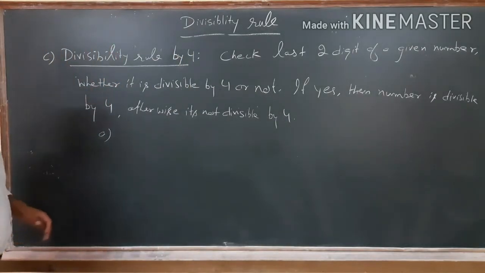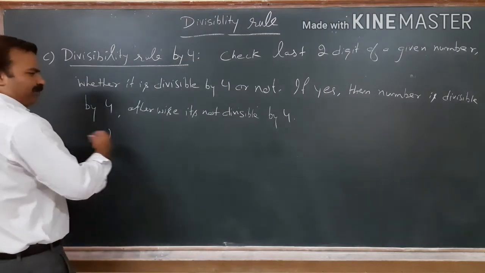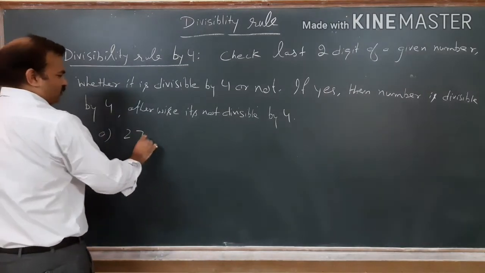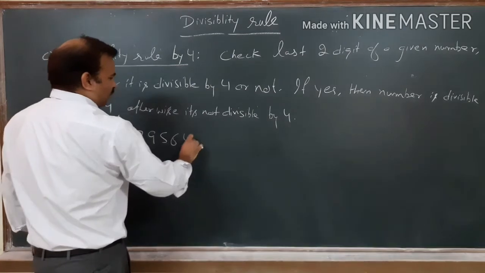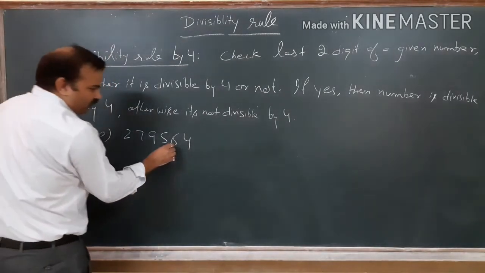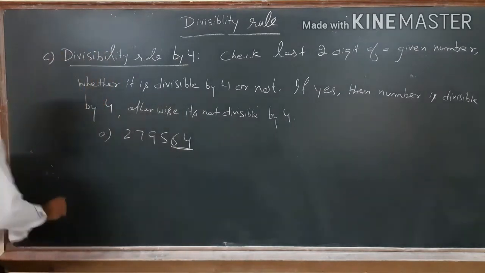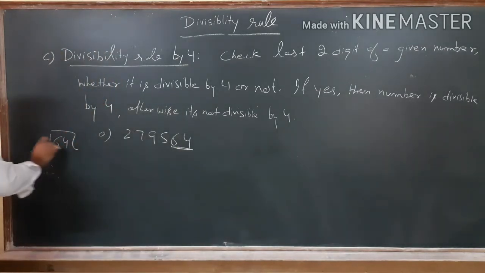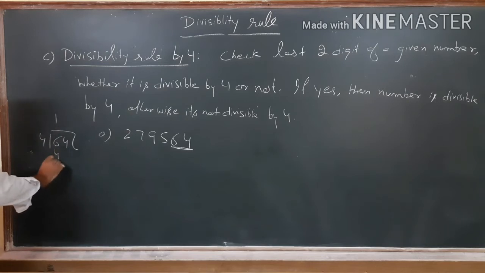The very first example: let us take any big number you want. It's 2, 7, 9, 5, 6, 4. Fine, it's a 6-digit number. Now check only the last 2 digits, 64. Check in rough whether 64 is divisible by 4 or not. 4 ones are 4. 6 minus 4, 2, and then 4 sixes are 24.